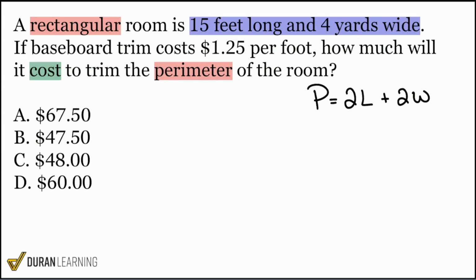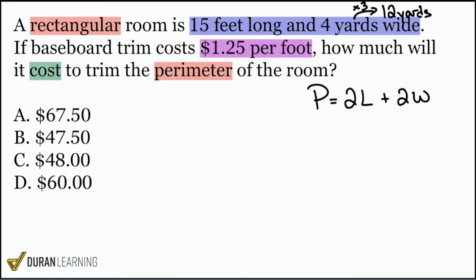Because notice right here, my friends, that we are being charged $1.25 per foot. Again, per foot, not per yard, per foot. So that's what's going to tell me to go ahead and turn the 4 yards right over here. Let's turn the 4 yards into feet. So we'll multiply by 3 because every yard is 3 feet. 4 times 3 gives us 12 feet.